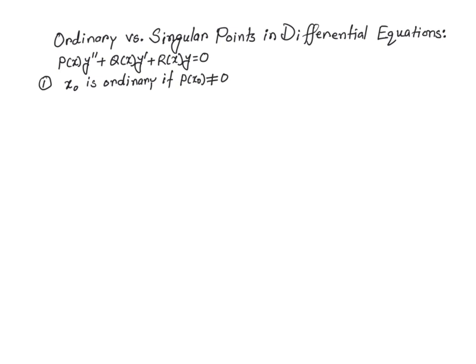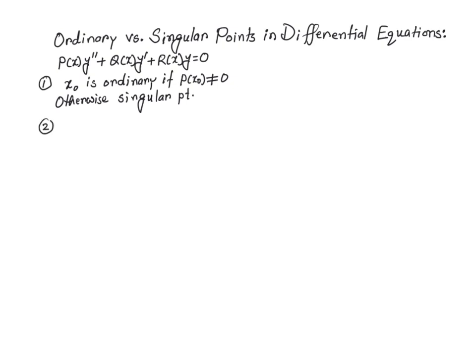We will call a point x naught an ordinary point for this differential equation if P of x naught is not equal to 0. Otherwise, it would be considered a singular point. Okay, so that's one way of defining it.